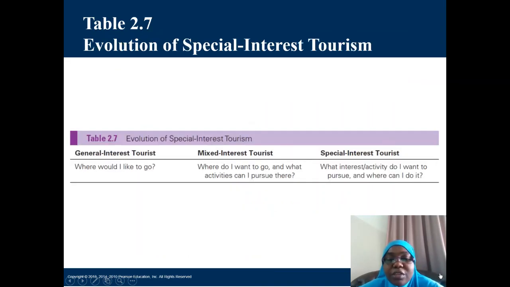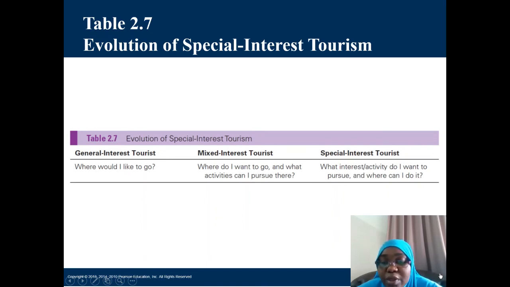Evolution of special interest tourism. For special interest tourism, we have the general interest tourist, the mixed interest tourist, as well as the special interest tourist. General interest tourists just want to have general knowledge: where would I go? For mixed interest, where do I want to go and what activities can I pursue there?